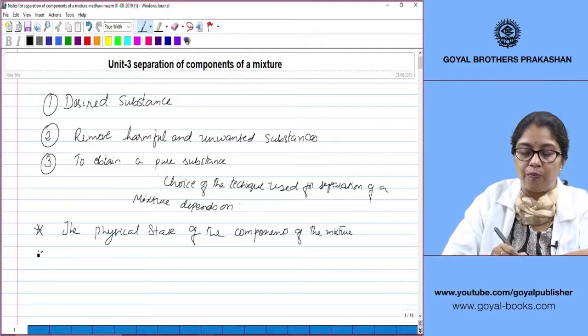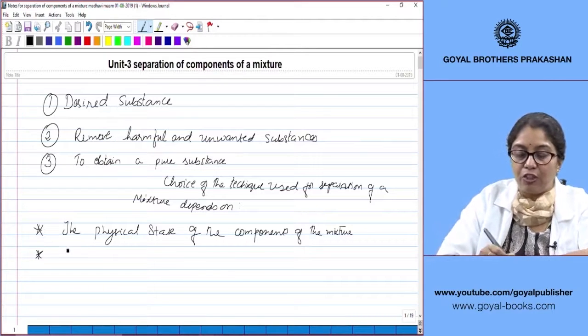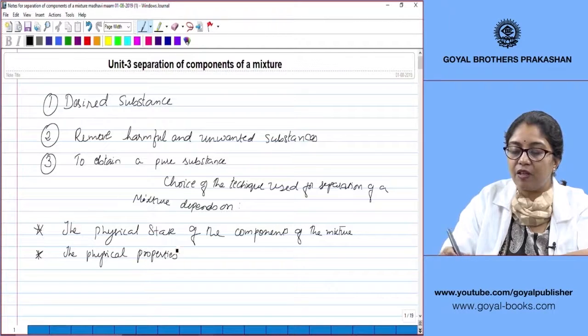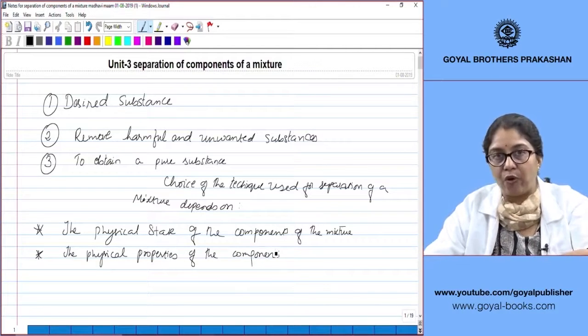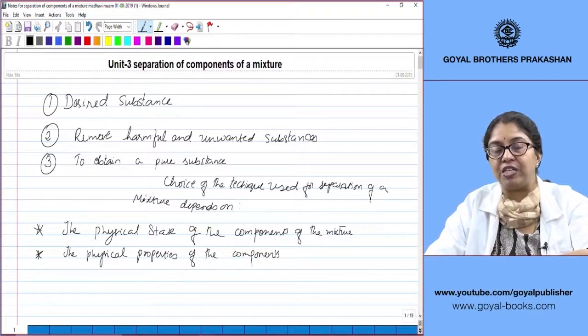The second thing we need to keep in mind while selecting the technique is the physical properties of the components, meaning what is their boiling point, what is their melting point, are they sublimable, are they magnetic. Based upon the physical properties and the physical state, we will choose the appropriate technique for separation of the components of the mixture.